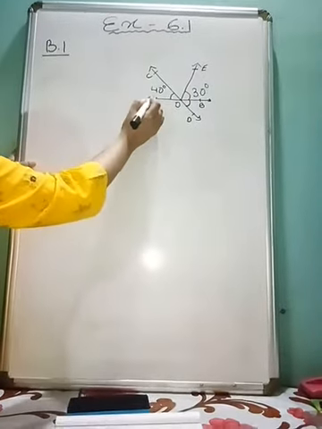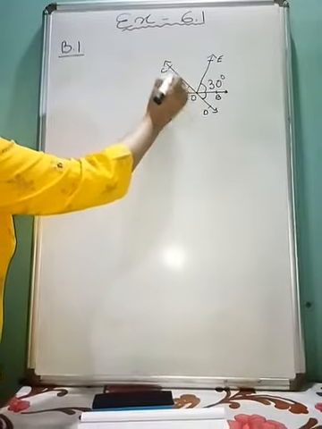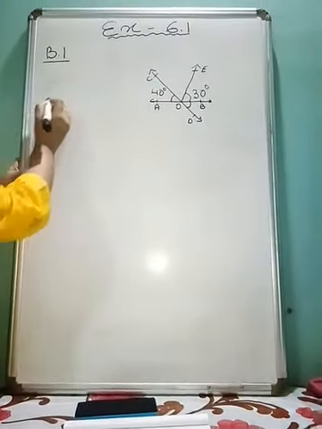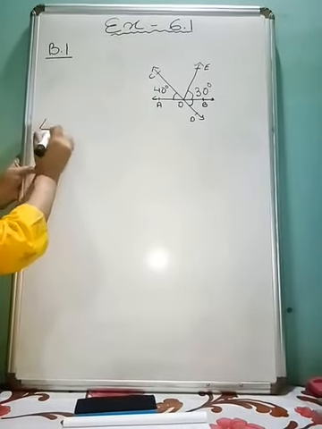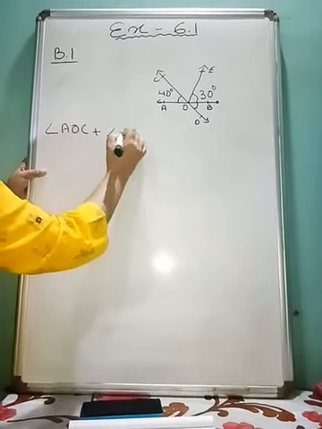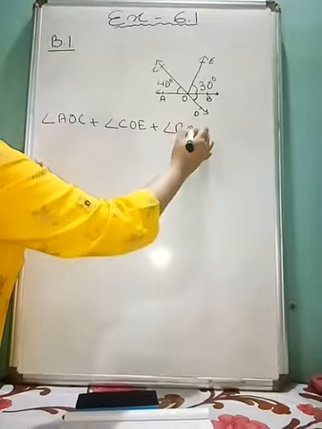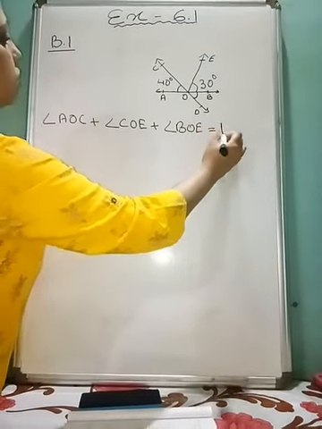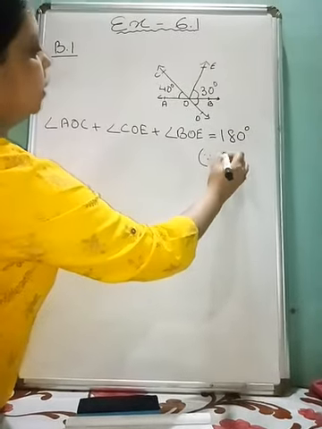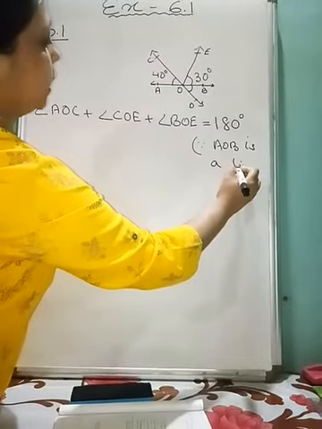Now since AOB is 180 degree, we will take angle AOC plus angle COE plus angle BOE equal to 180 degree. You can write here, since AOB is a line.